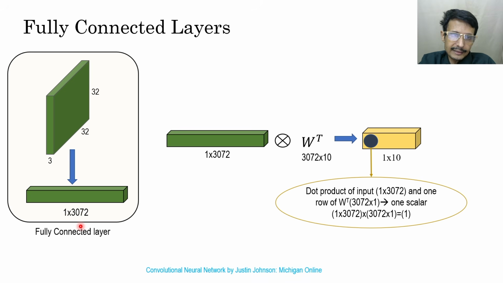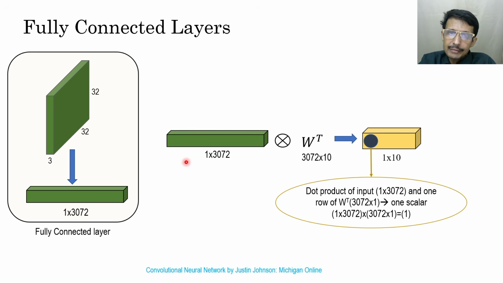In this layer, the input is 32 cross 32 with 3 channels, say RGB. If you flatten the data, 1 into 32 into 32 into 3, it is 3072.